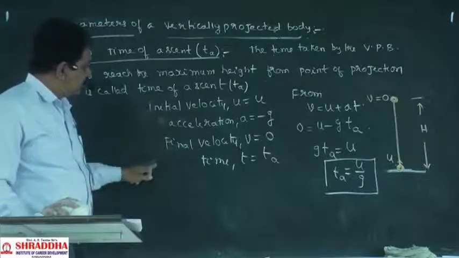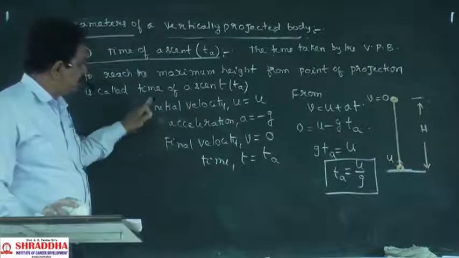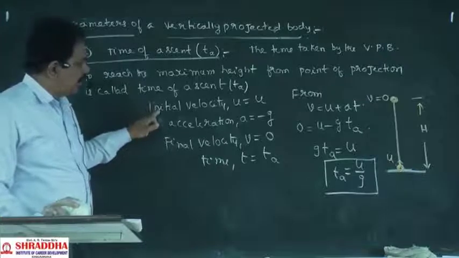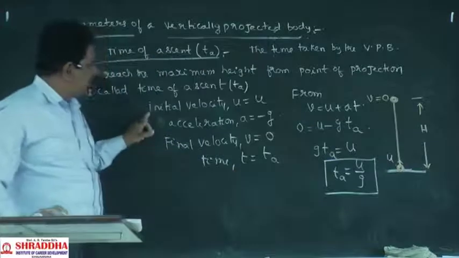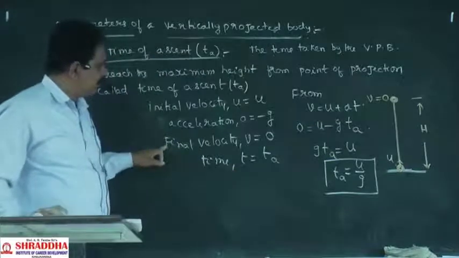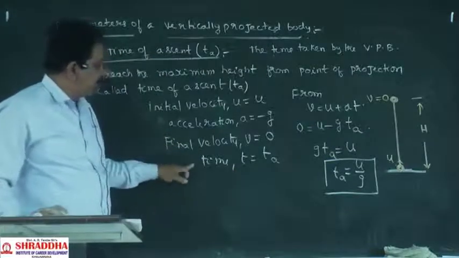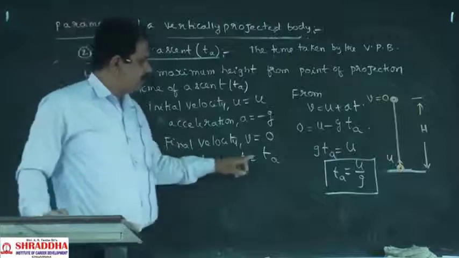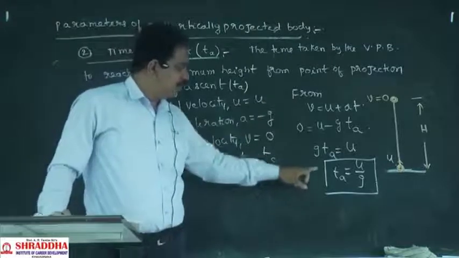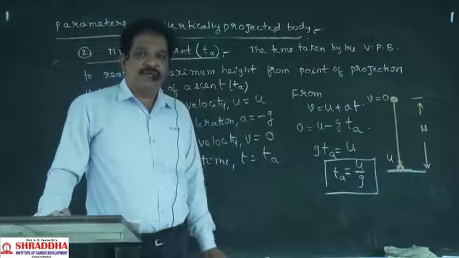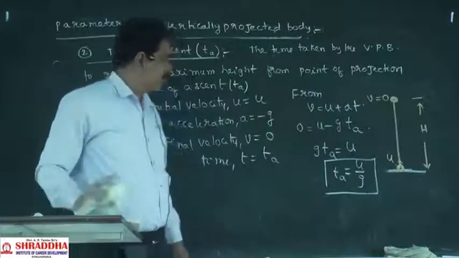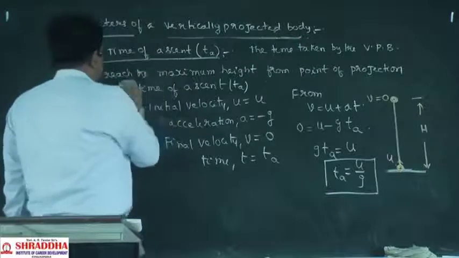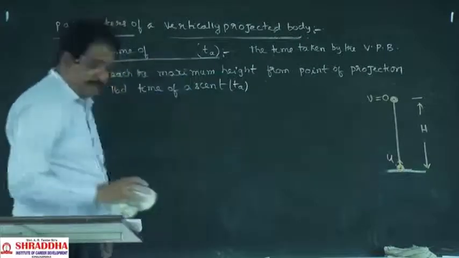In the upward journey, from here to here, initial velocity is u, a is minus g, final velocity is 0, and time t is equal to ta. By substituting all of this, we get time of ascent is equal to u by g. Next, time of descent.